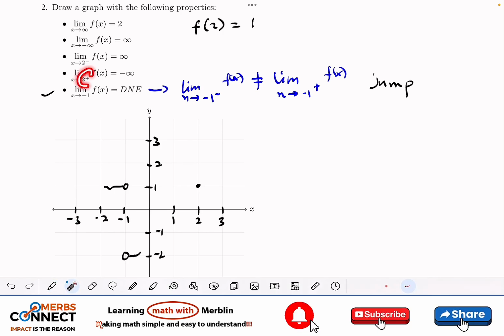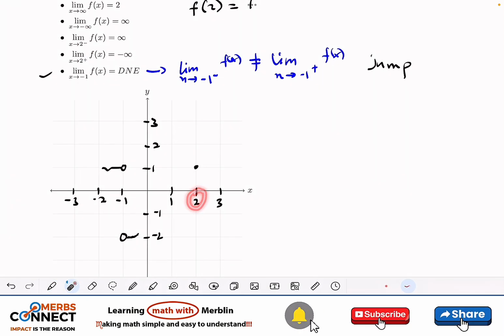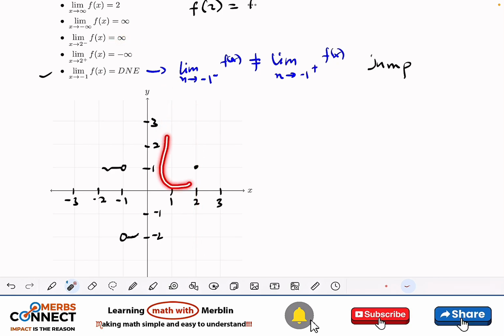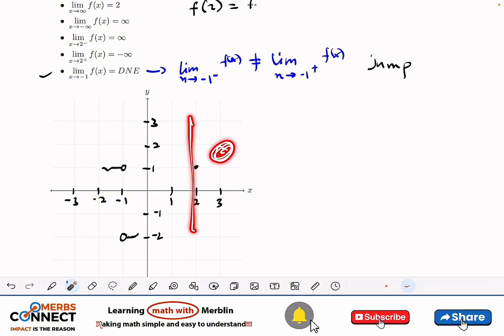Now let's look at x is 2. So x is 2 is somewhere here. And when I'm approaching this guy here from the left side, I'm approaching infinity, right? So I need to go to infinity, and this infinity here is positive infinity. Remember, these are the y values. So I need to go to positive infinity. And when I'm approaching it from the positive side, I need to go to negative infinity.